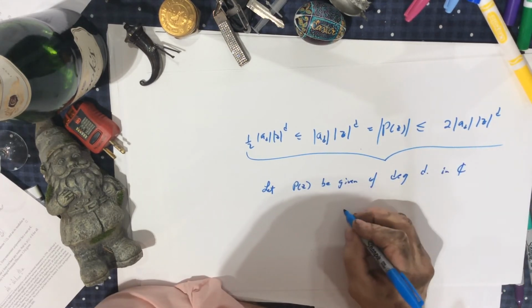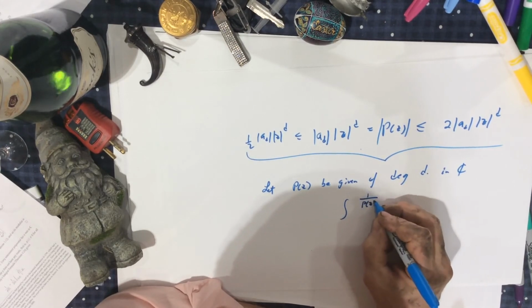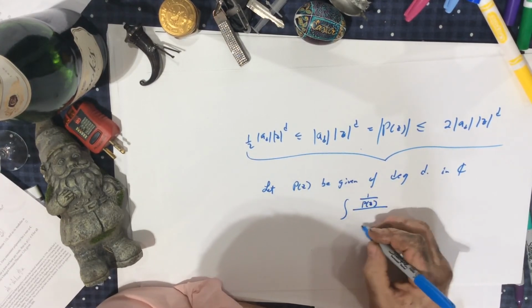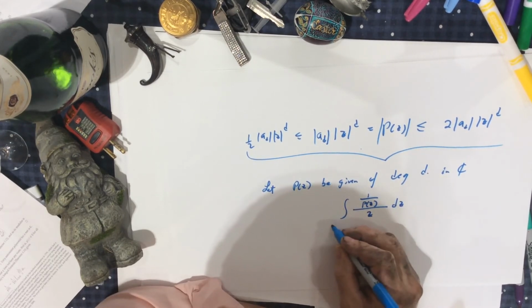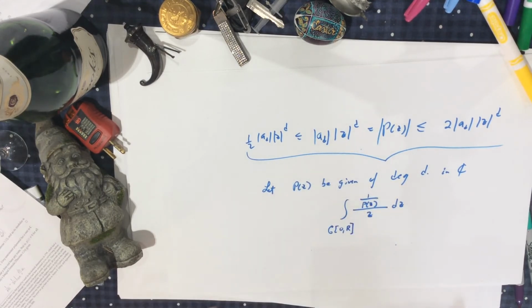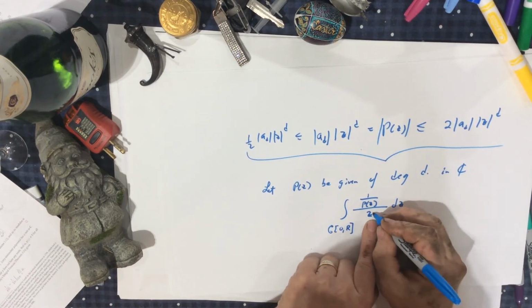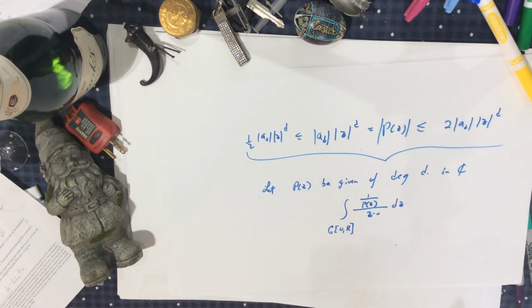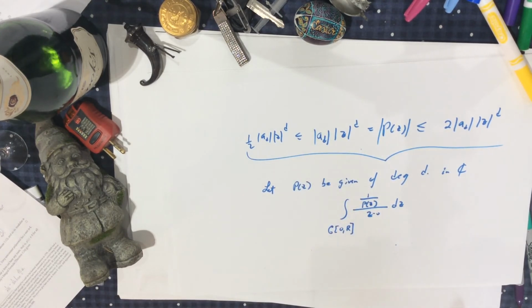And let's calculate the integral of 1 over the polynomial times z, dz, in some circle of radius r. Now, this circle goes around 0, which is the number that it's centered at, and 1 over p of z.